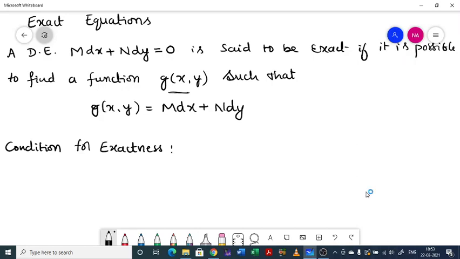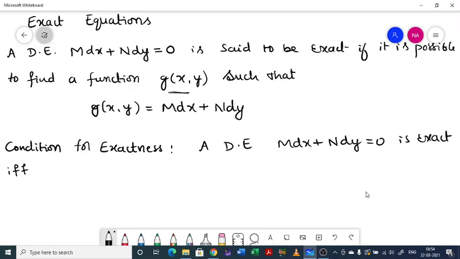So this says a differential equation m dx plus n dy equal to 0 is exact if and only if, IFF.